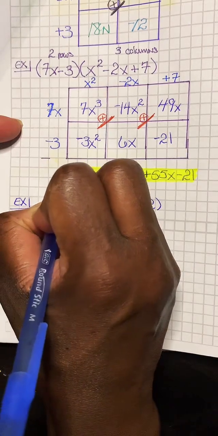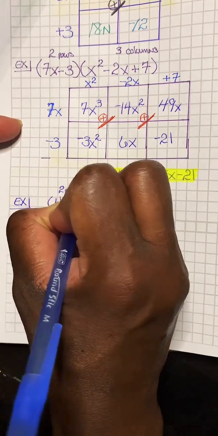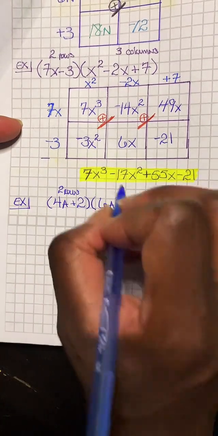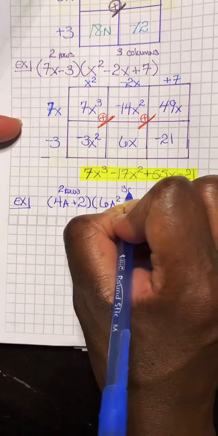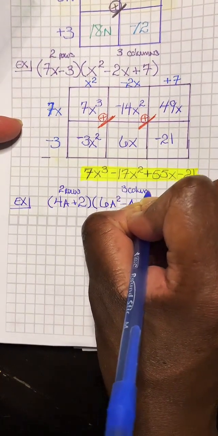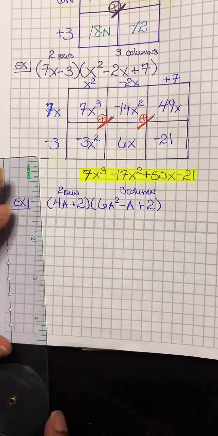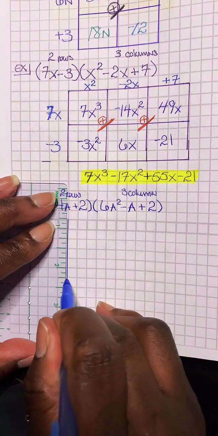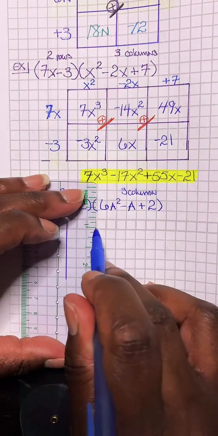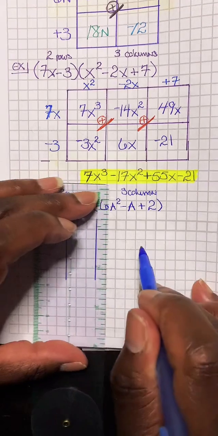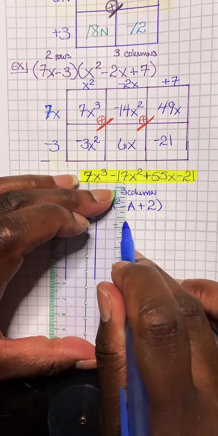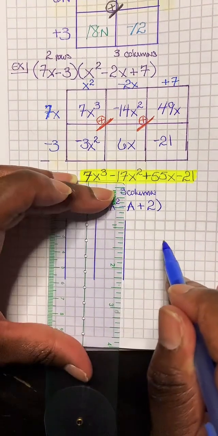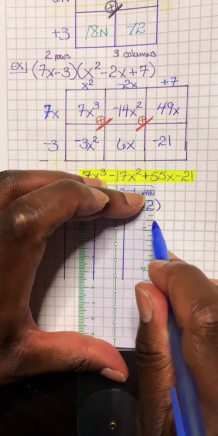We have 2 rows here. And we have 1, 2, 3 columns because we got a trinomial. So we're going to draw 2 rows and 3 columns.